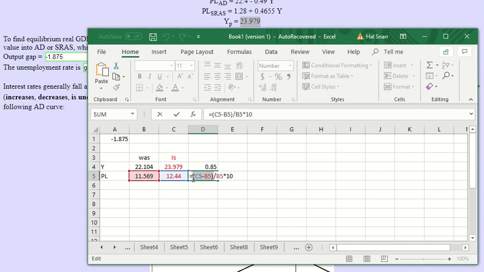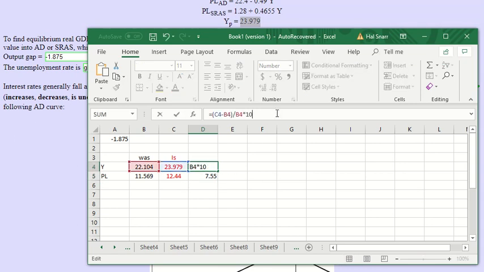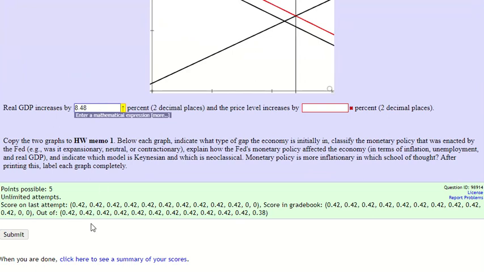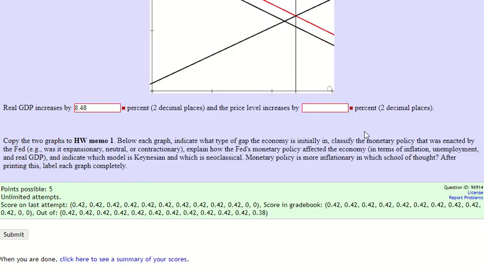Divide that difference by what it was, 11.569. Multiply that by 100. Whoops, I need to do that by 100. I gotta go fix that up here. Multiply that by 100 to turn it to a percent. So it's a little higher, a lot higher, 8.48. So GDP increases by 8.48%. And the price level increases by 7.55%.